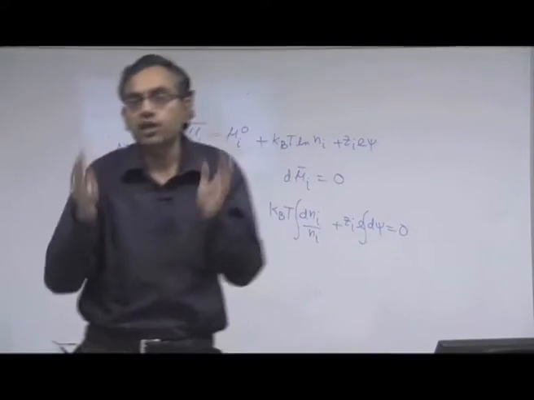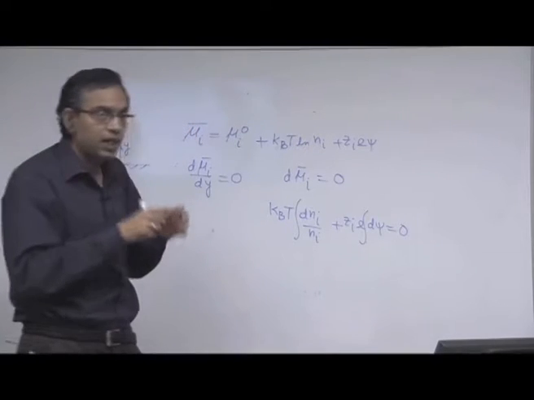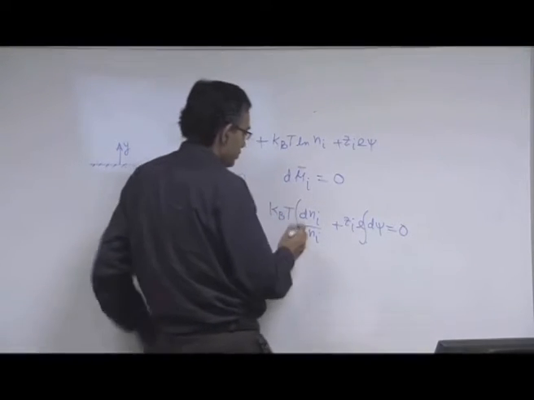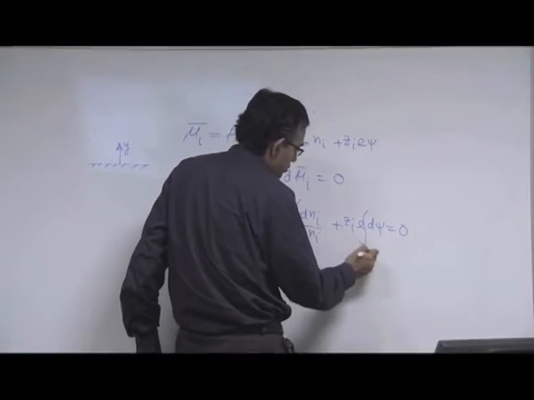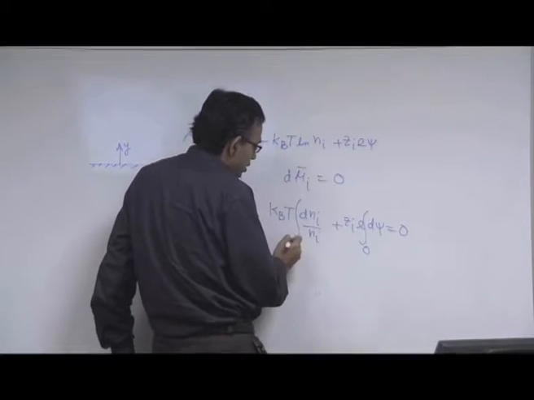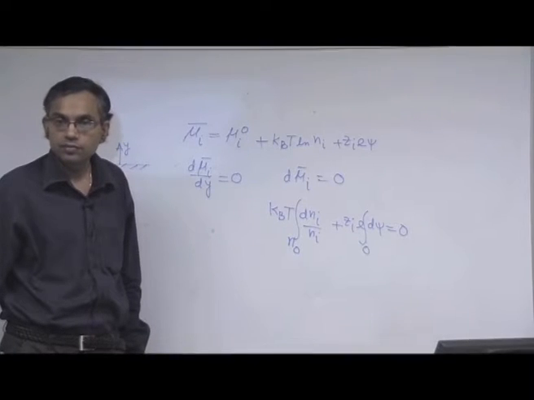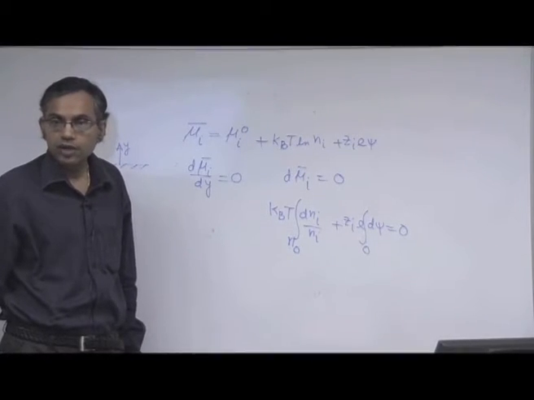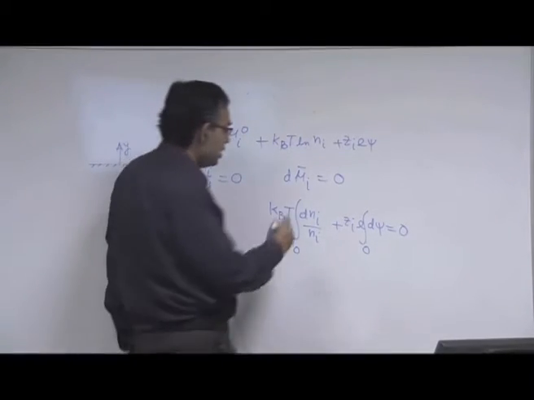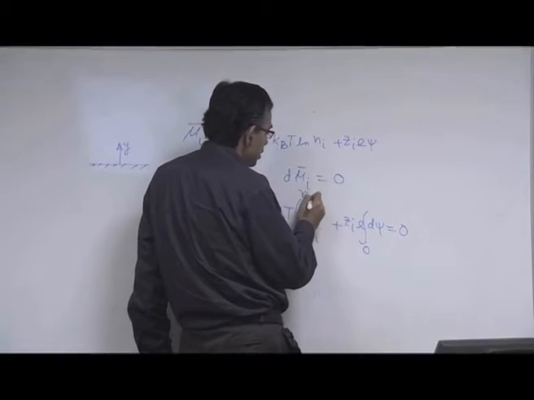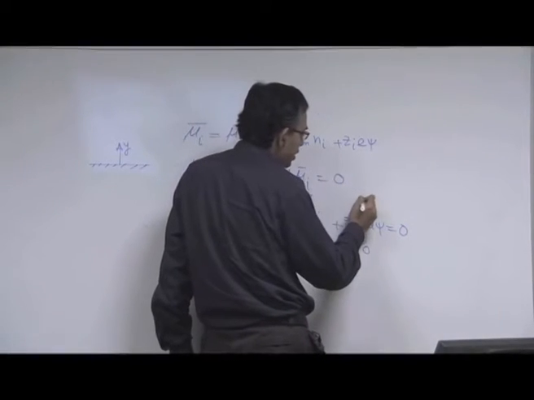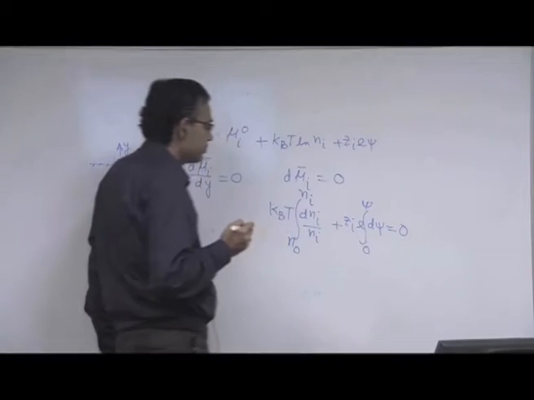That means the potential has dropped to 0. Where the potential has dropped to 0, the concentration is the bulk concentration, that is N0. And where the concentration is Ni, the potential is psi.